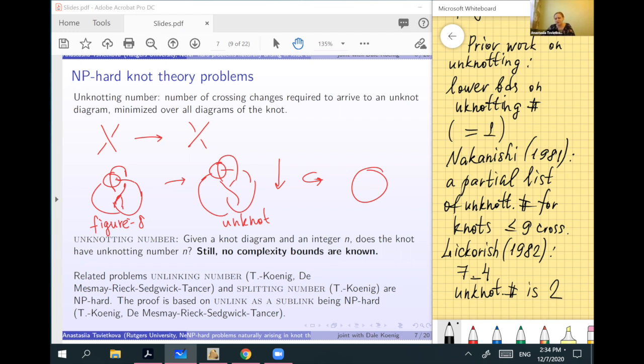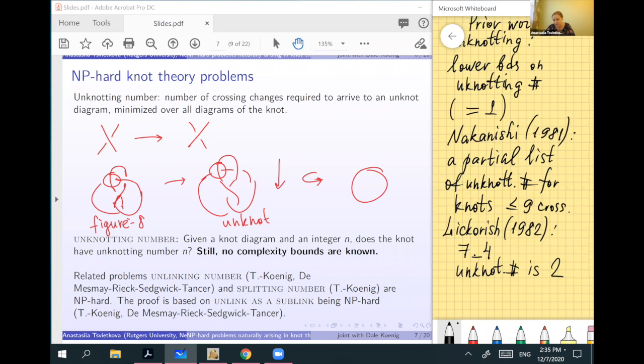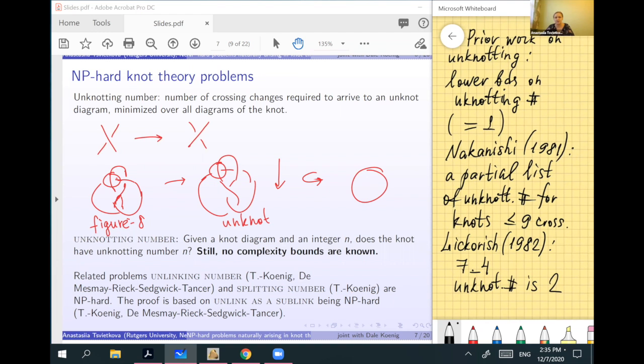And a bunch of techniques has been used for this. For example, there are papers using gauge theory, and there are papers using Heegaard Floer homology, successfully getting unknotting numbers for some particular knots. But in general, it's something hard to determine.